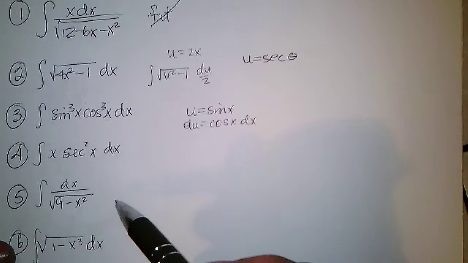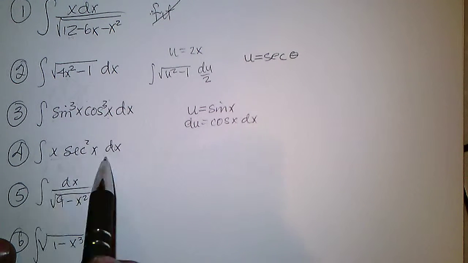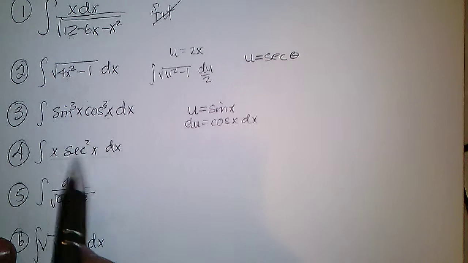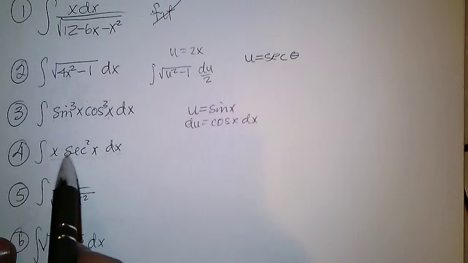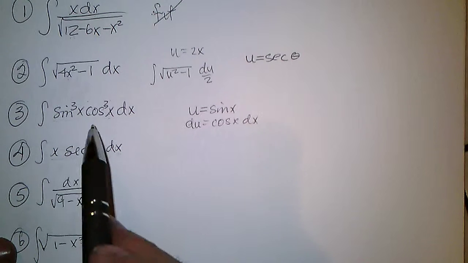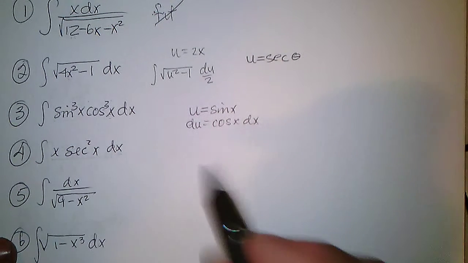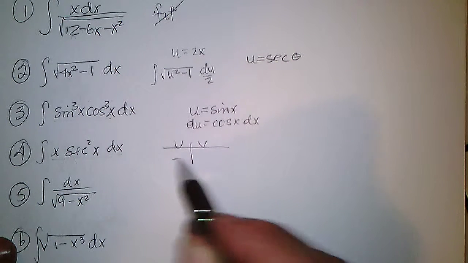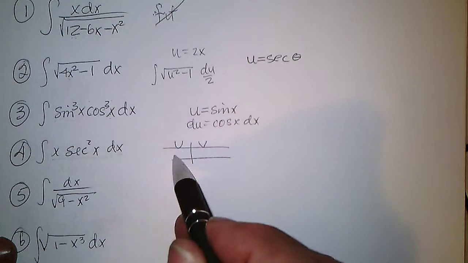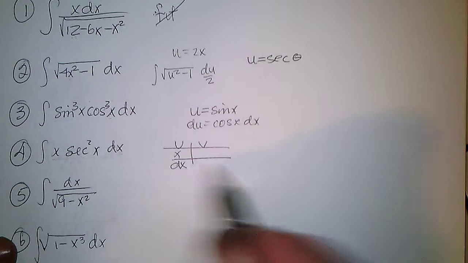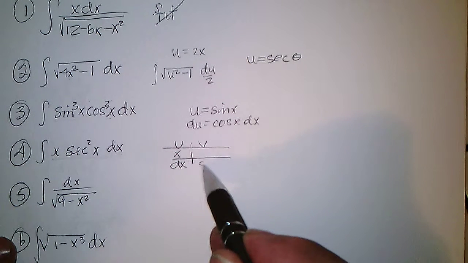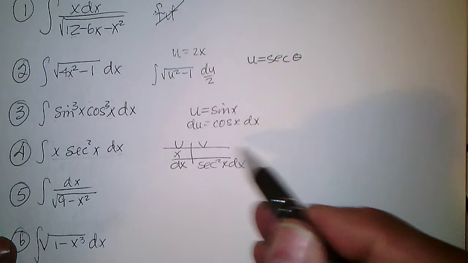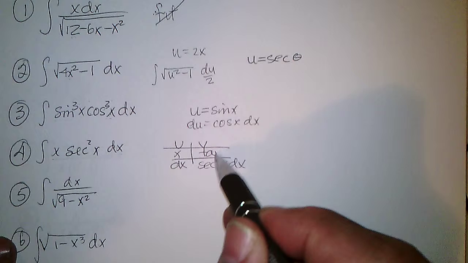Number 4 looks like a great candidate for integration by parts. Get this to drop down and integrate this part, because we know that the derivative of tangent is secant squared. So we'd set up the u v and let u be x and its derivative would be dx. dv would be secant squared x dx, and v would be tangent x.